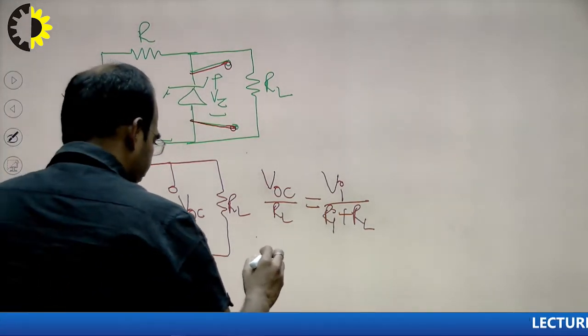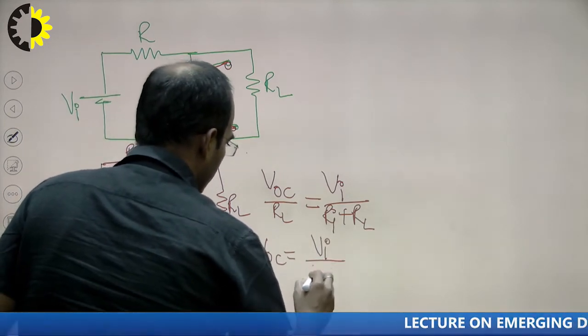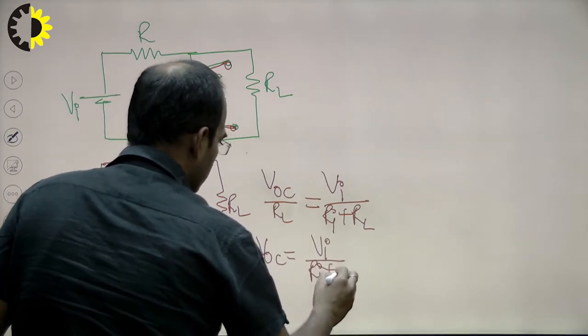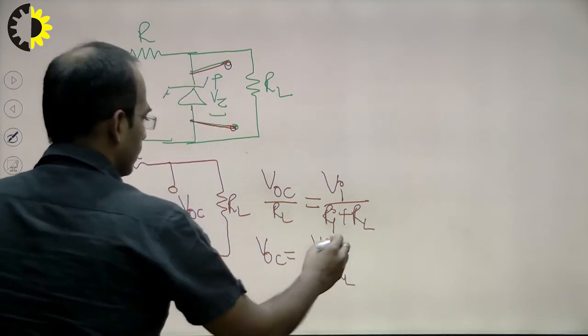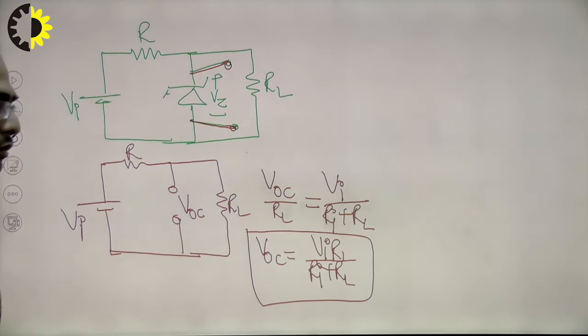In this way we can find VOC, the open circuit voltage. So this is the value of open circuit voltage.